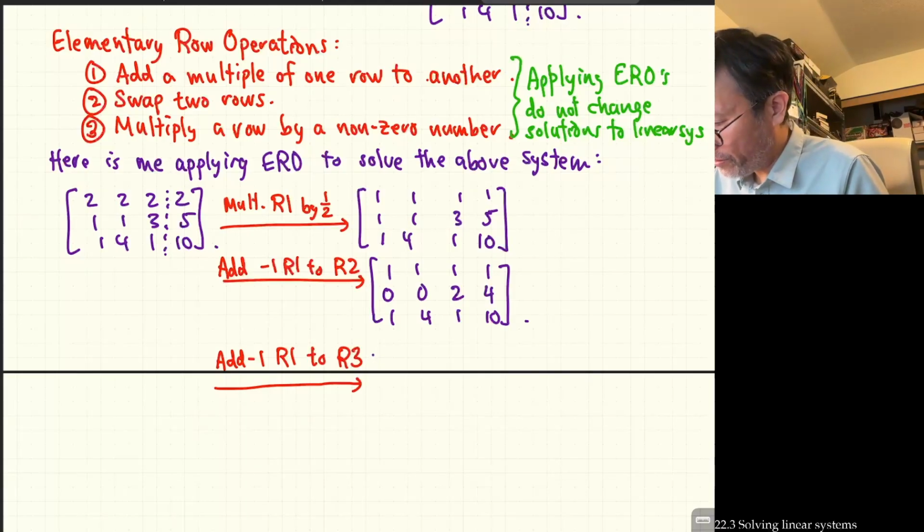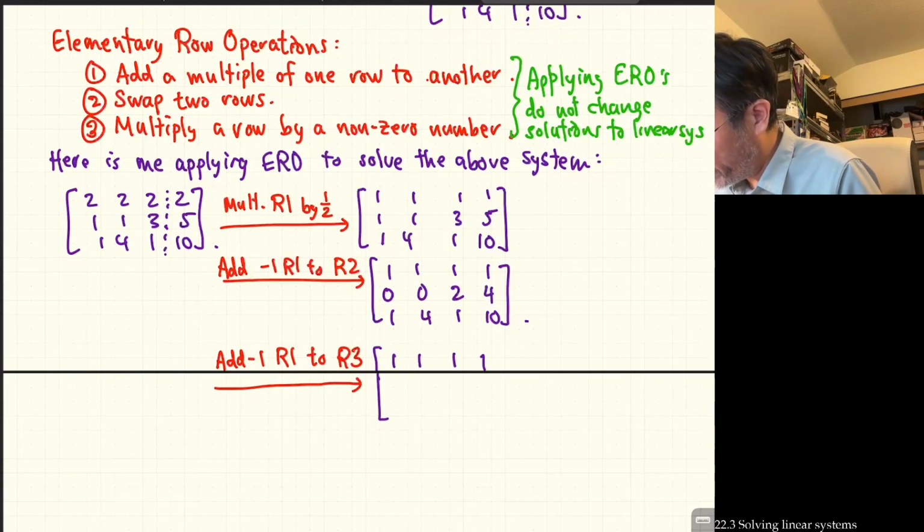And what do I get when I do this? Oh, this is going to be interesting. 1, 1, 1, 1, 0, 0, 2, 4, and then I have 0, 3, 0, 9. Hopefully I did that right.